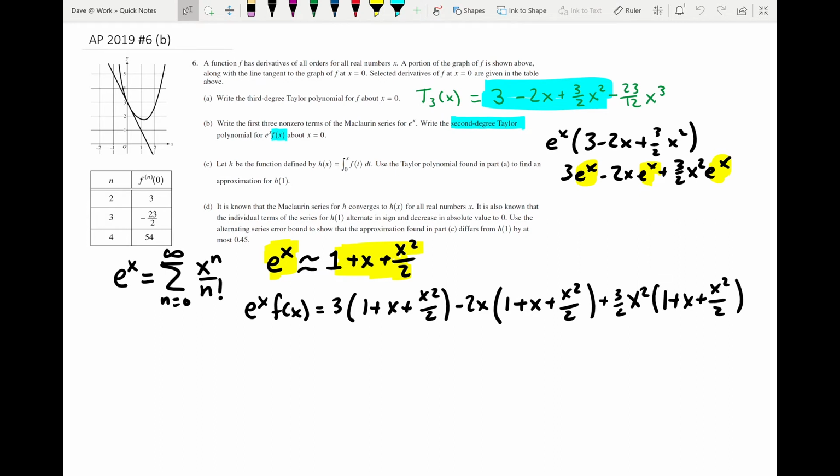Now that seems like a lot of work, and it is if you don't take into consideration something very important. Once again, it says second degree Taylor polynomial is what we're going to predict with.